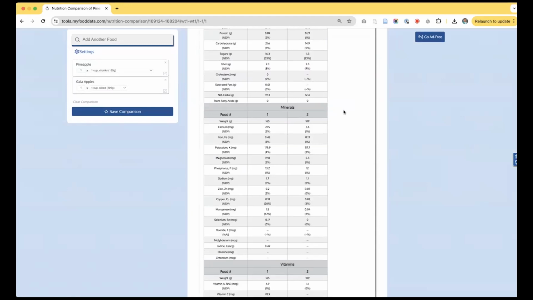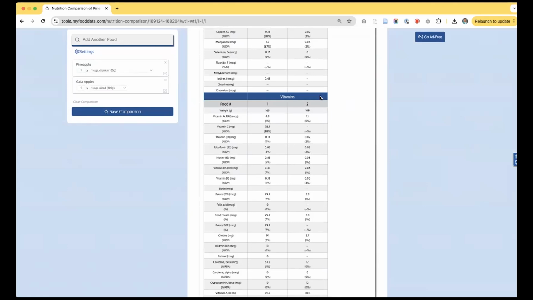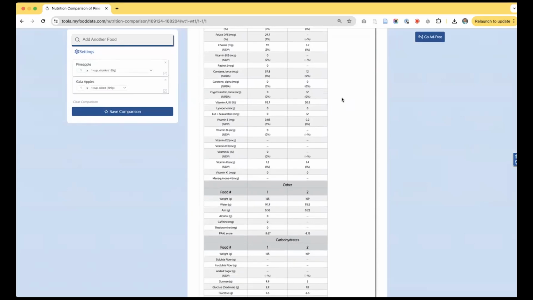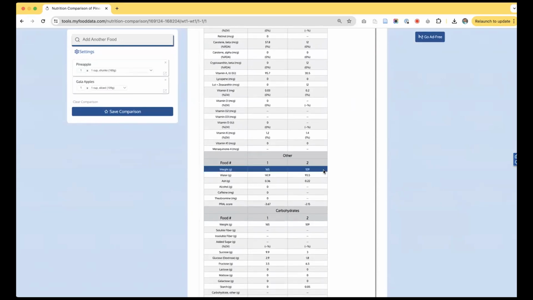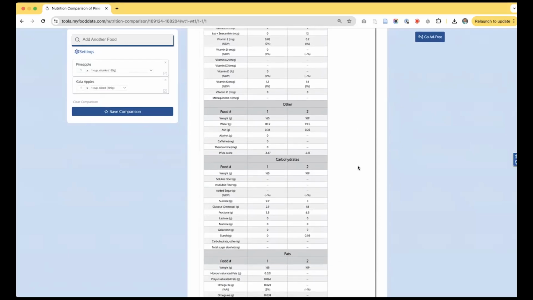So things like calcium, that's one of many types of minerals. And then we also have vitamins, the things that are in multivitamins. So all those vitamins A, D, E, K, B, C. And then we have the other categories.